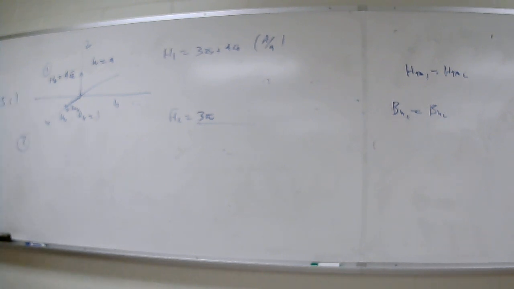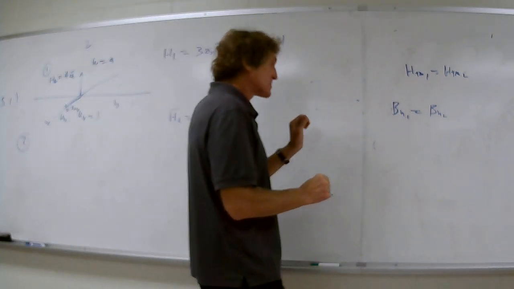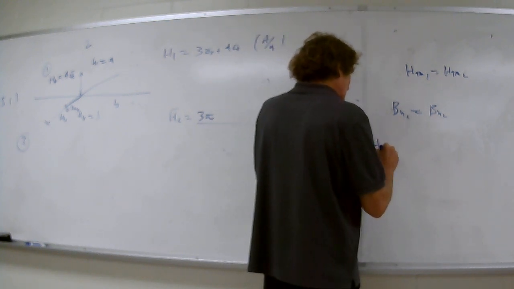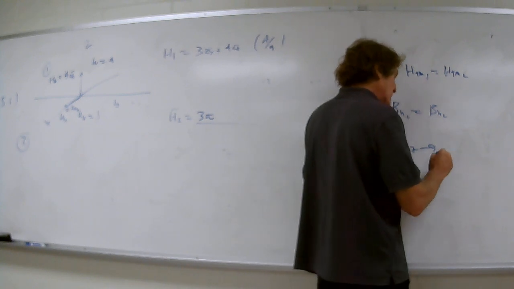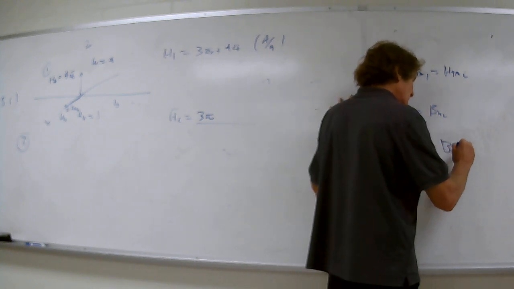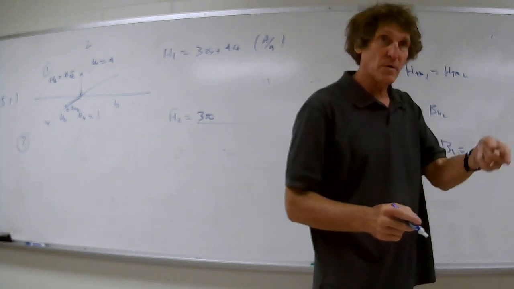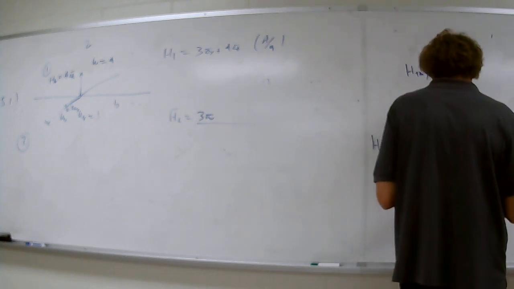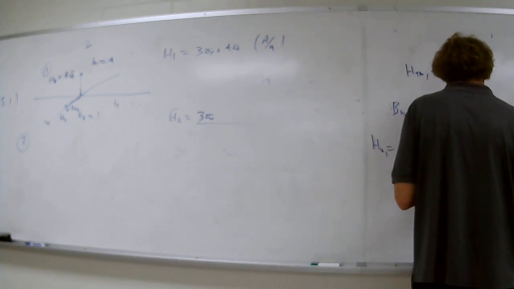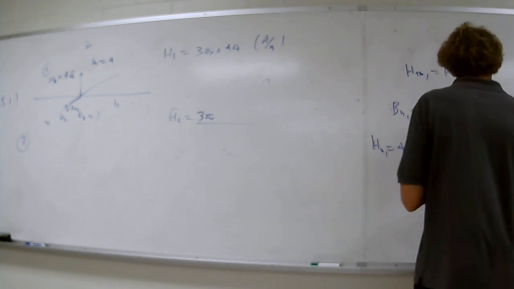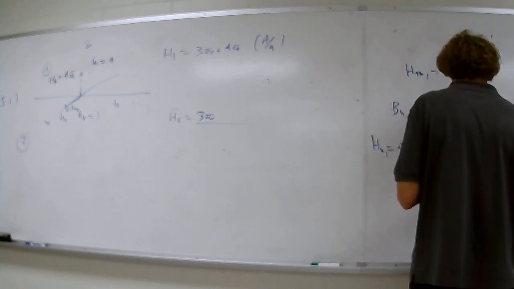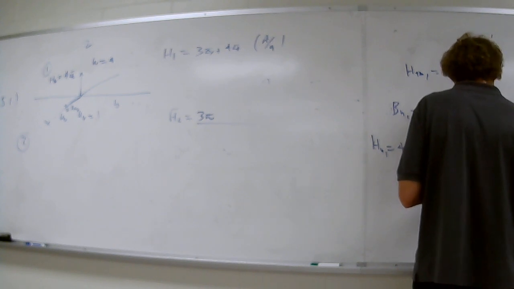So H normal in region 1 is 4AZ. What is B normal in region 1? It's mu naught times mu relative, which is 4, times the actual H field, which is 4 as well. Mu H is B.